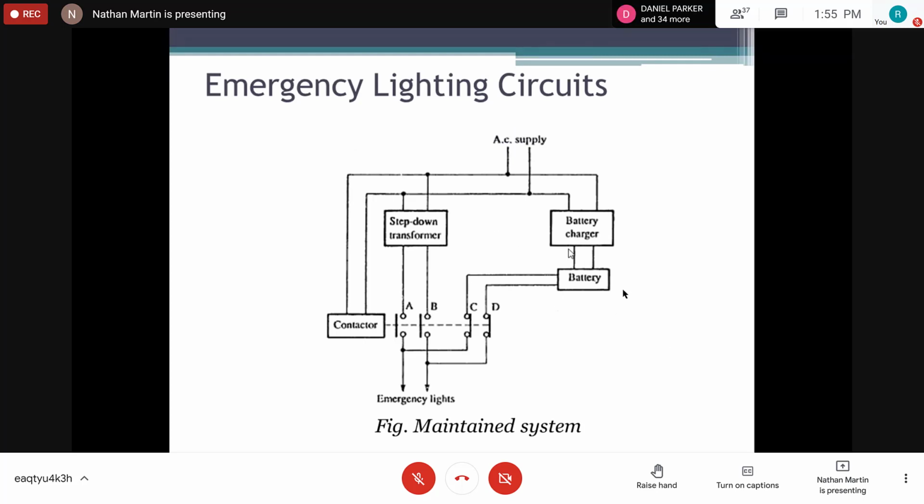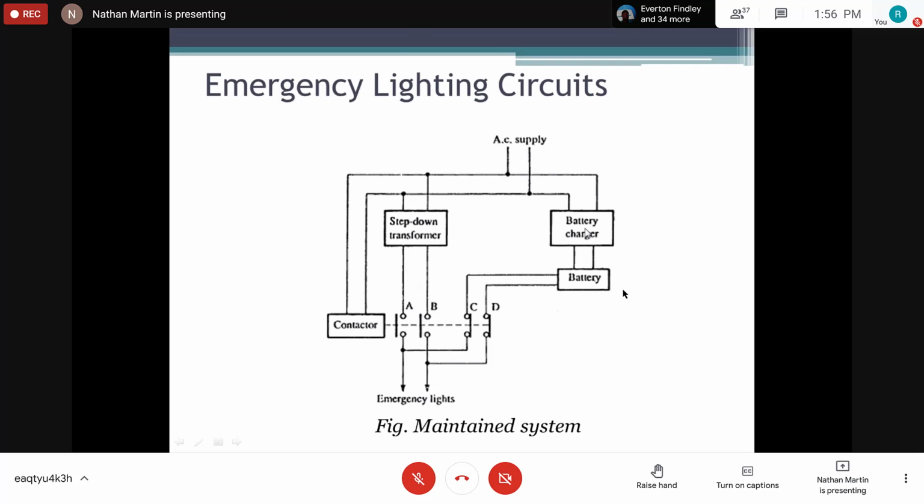In our maintained system, if you realize that our contacts A and B, right? This is our emergency light and this is our step-down transformer. What will happen if the step-down transformer is energized by your battery or charger or your JPS supply, right?